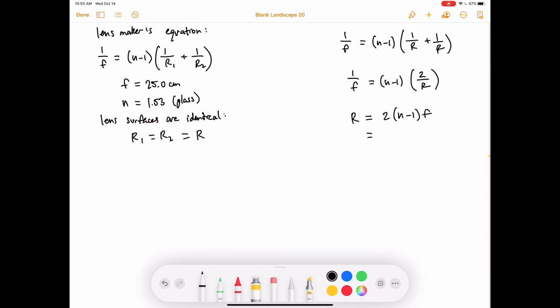That gives us 2 times (1.53 minus 1) times 25 centimeters, which equals 26.5 centimeters if you crunch those numbers. So the radius of curvature of both of the lens surfaces is 26.5 centimeters.